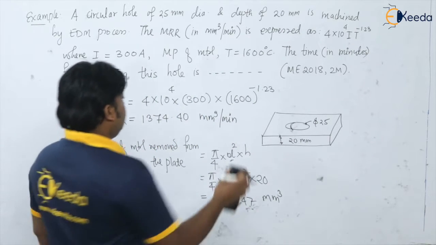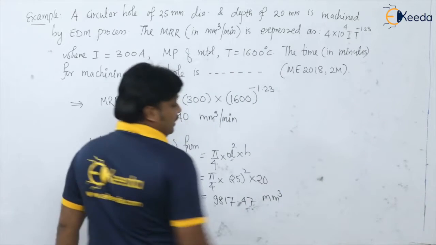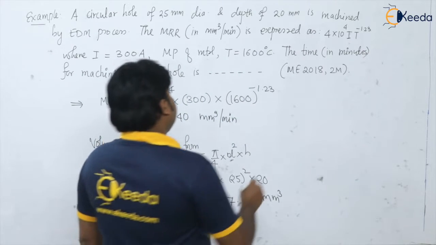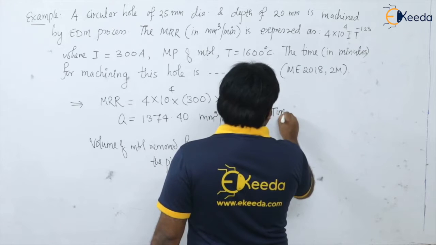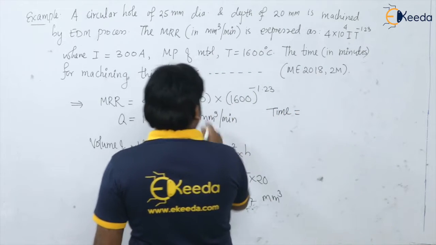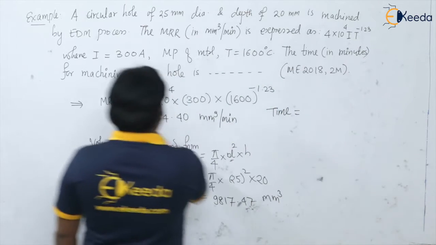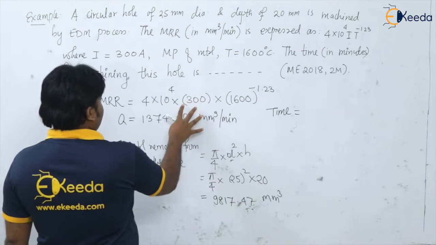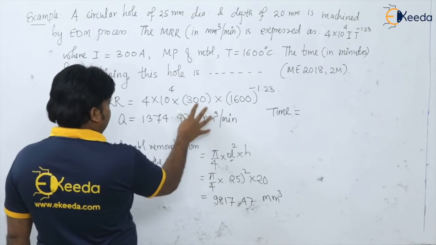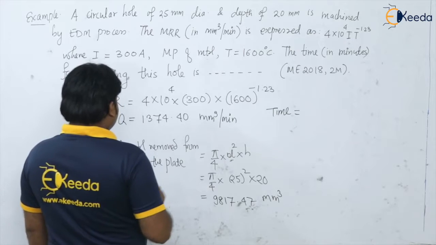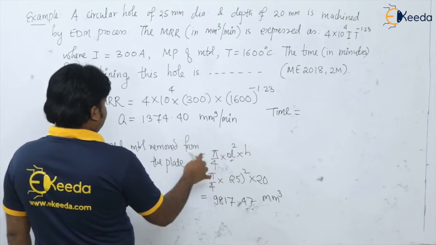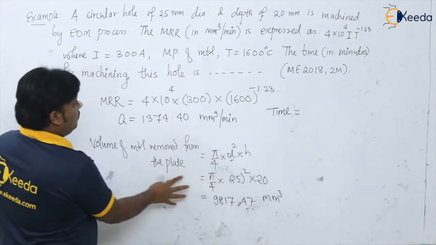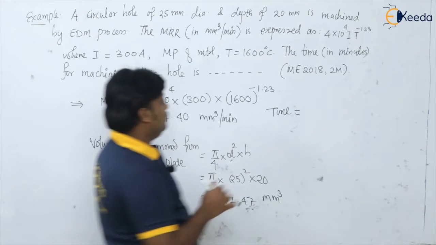Okay, so very simple. Again, you know how to calculate the time. Then time will be what? The volume of material removed from the plate divided by Q. Very simple.